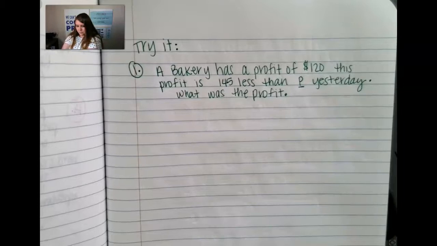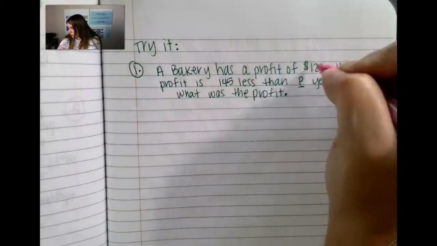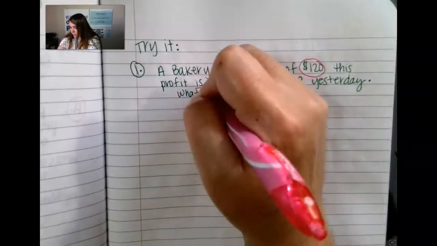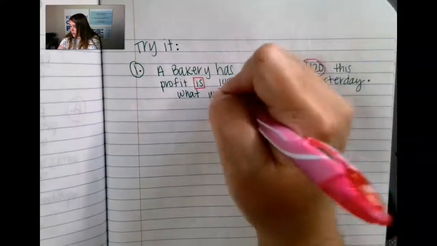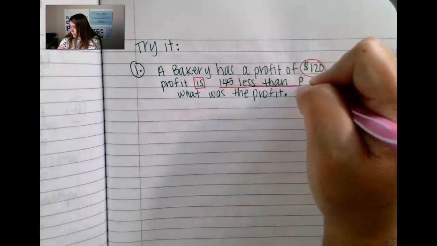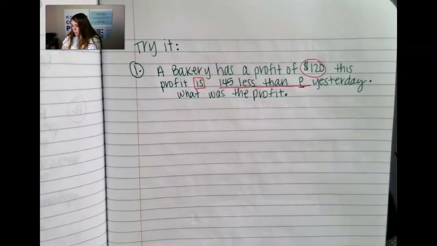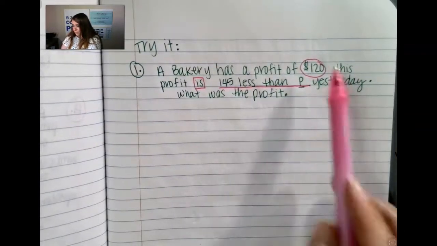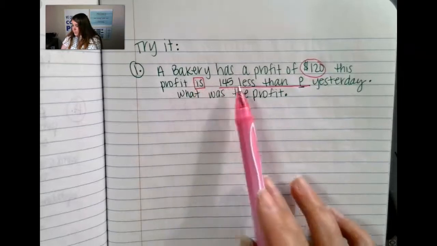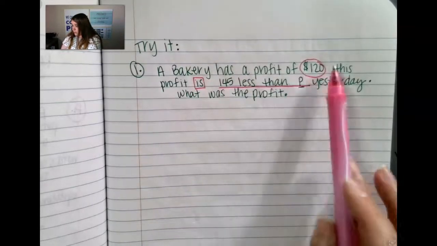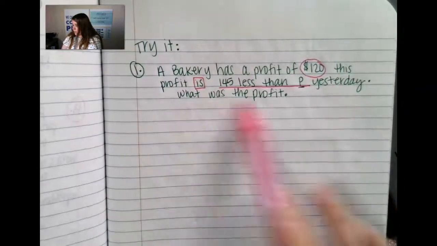Okay. Let's talk this out. So we had a profit yesterday of $120. That profit is $145 less than the profit yesterday. So when you pull out the clue words, you can see 120 is 145 less than P. You just get rid of all this other extra fluff and stuff.